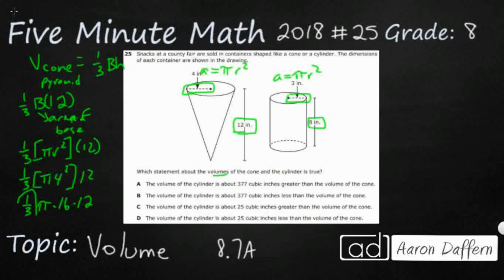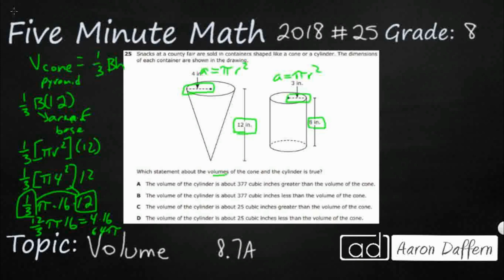I can multiply the 1/3 times the 12, and that's just 12 divided by 3, which is 4. I'm going to combine those two: 4 times pi times 16. That's 4 times 16, which is 64 times pi.